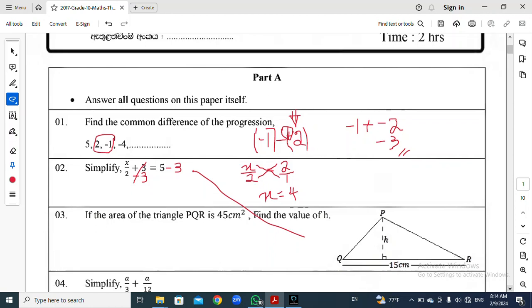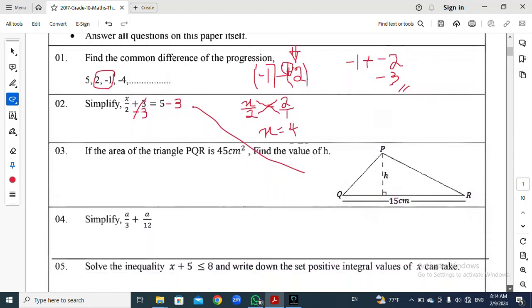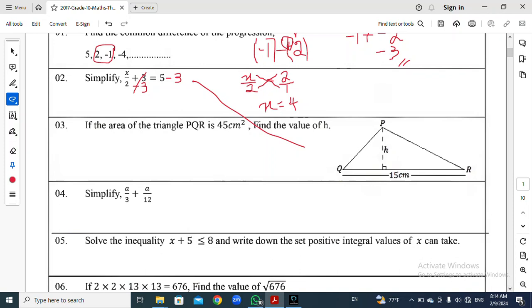So the third one: if the area of the triangle PQR is 45, find the value of h. Here you see they are giving 90 degrees.